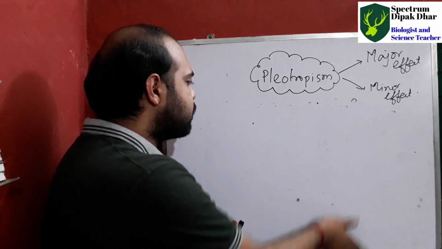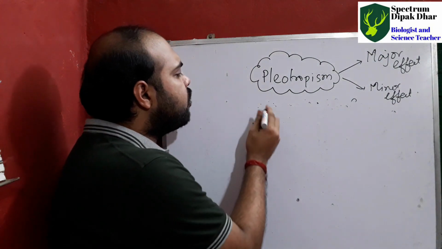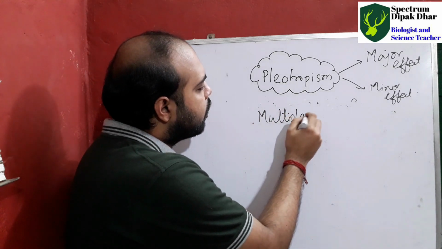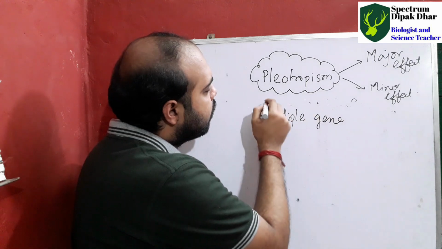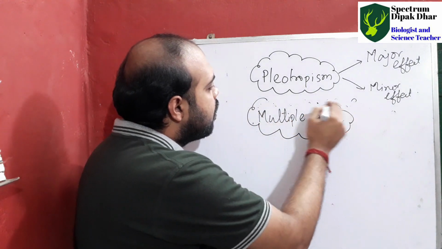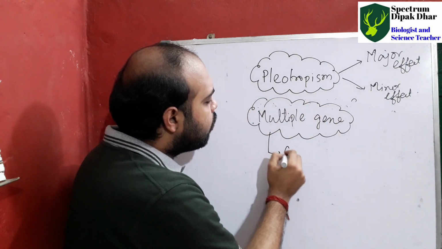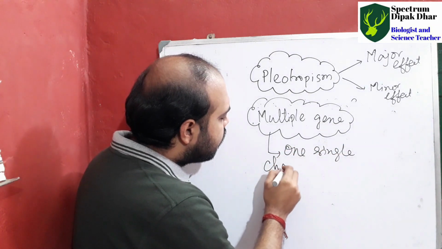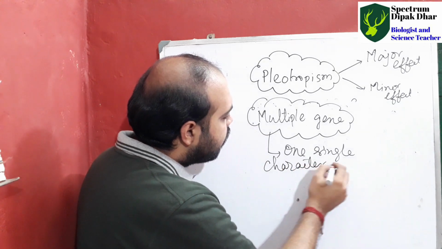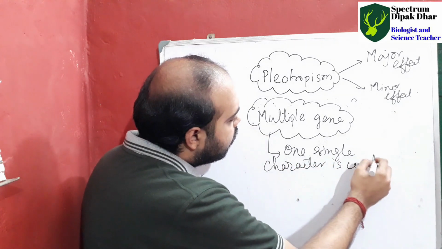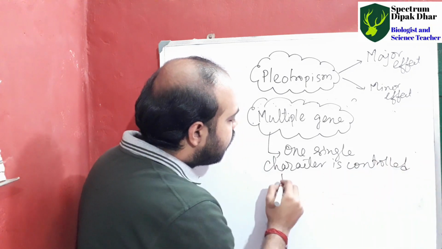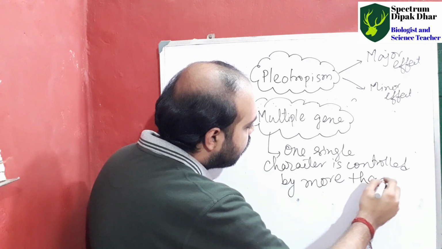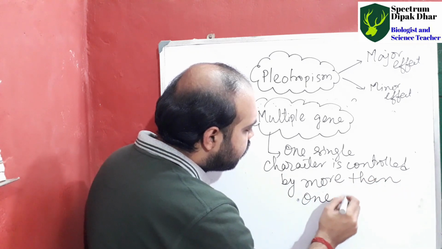So multiple gene is when one single character is controlled by more than one gene.